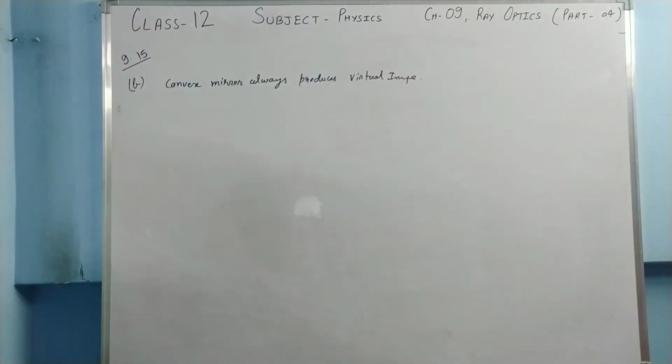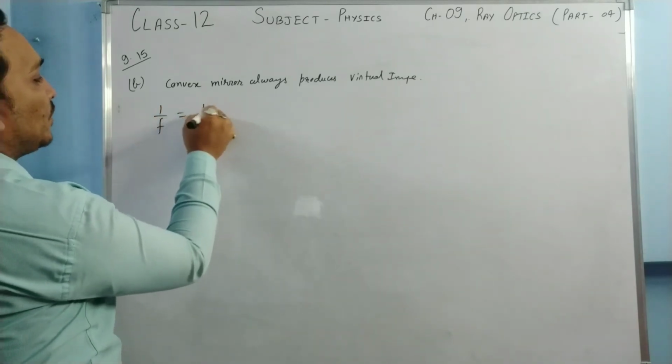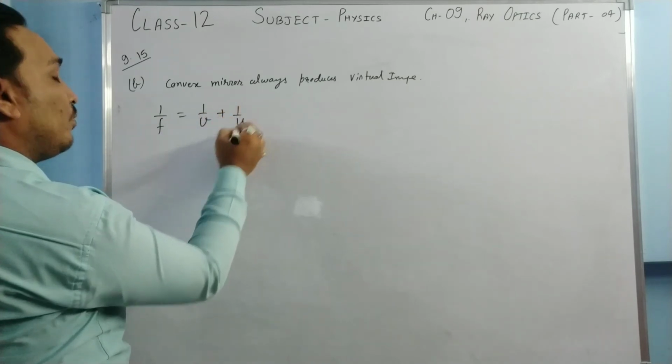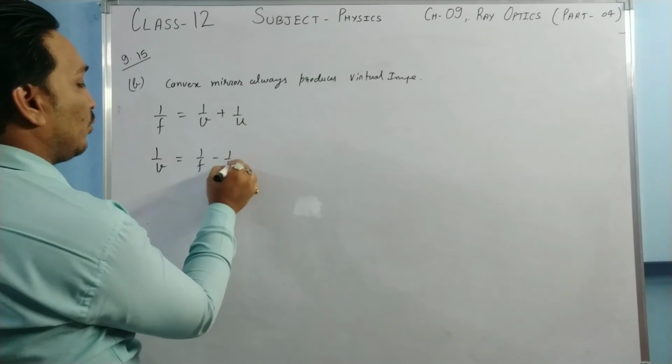Okay, let us try to do it. Again, let us start with the mirror formula. 1 upon f is equal to 1 upon v plus 1 upon u. From here, 1 upon v has to be 1 upon f minus 1 upon u.